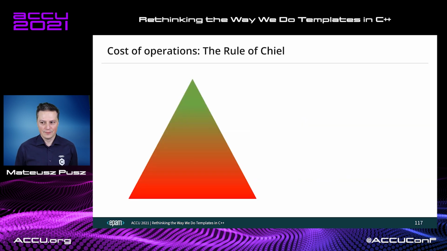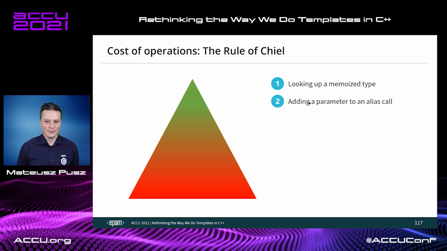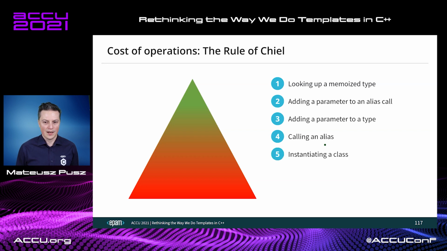He measured that the fastest thing you can do at compile time is looking up a memoized type. Next is adding one parameter to an alias call, adding a parameter to a type, calling an alias, instantiating a class, instantiating a function template, and doing SFINAE. It is the slowest thing that you can do.